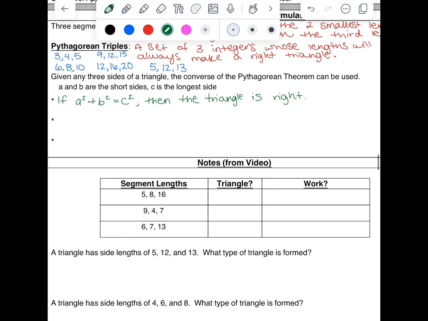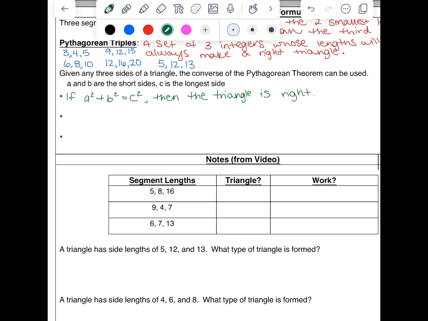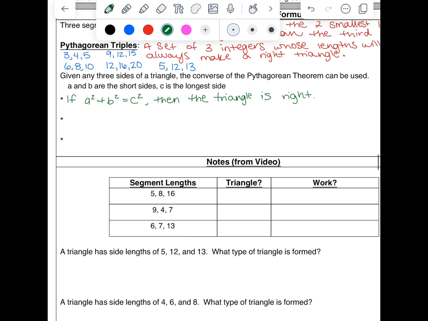So basically, if the Pythagorean theorem is true, then the triangle is a right triangle. Here we are saying that a and b are the short sides, and c is the longest side.